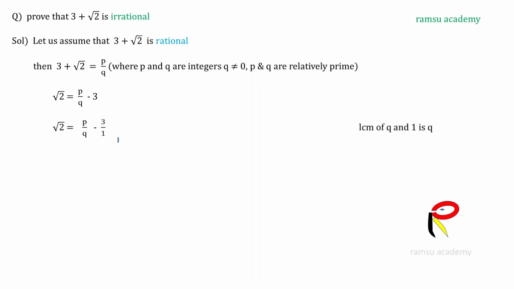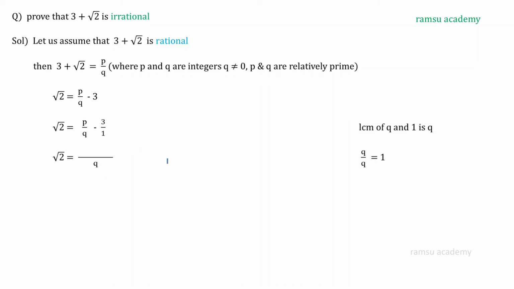So write root 2 is equal to a line and q, that is the LCM, in the denominator. Now divide this q with the denominator of the first fraction, that is also q.